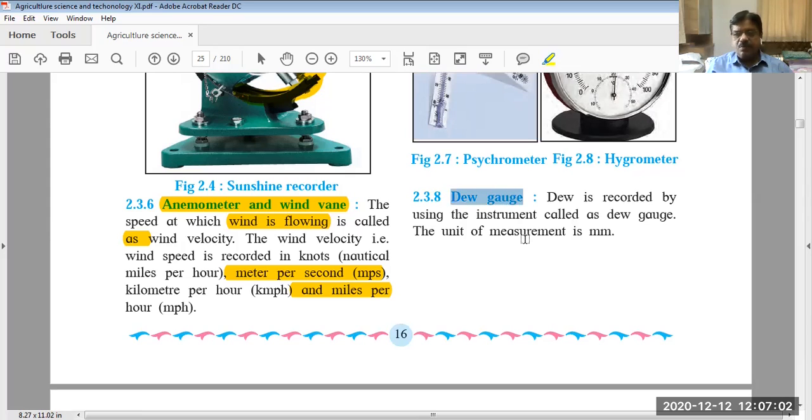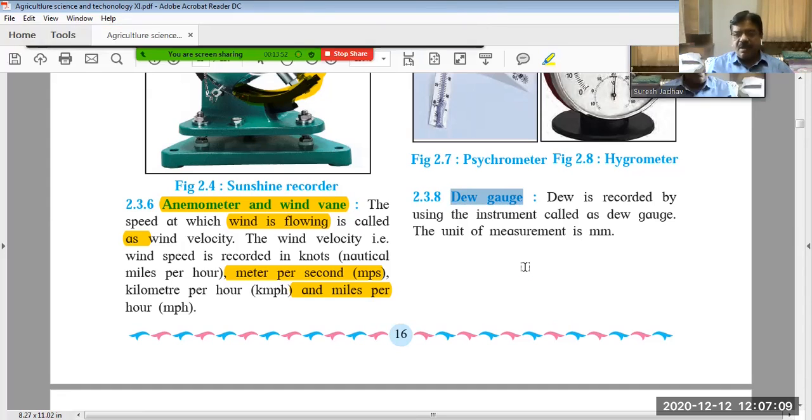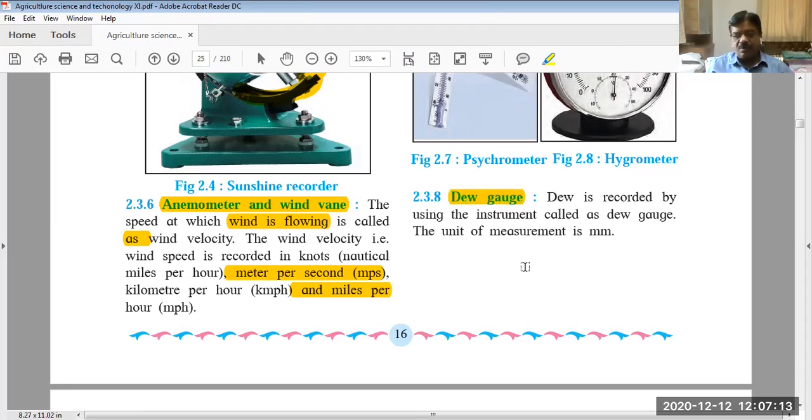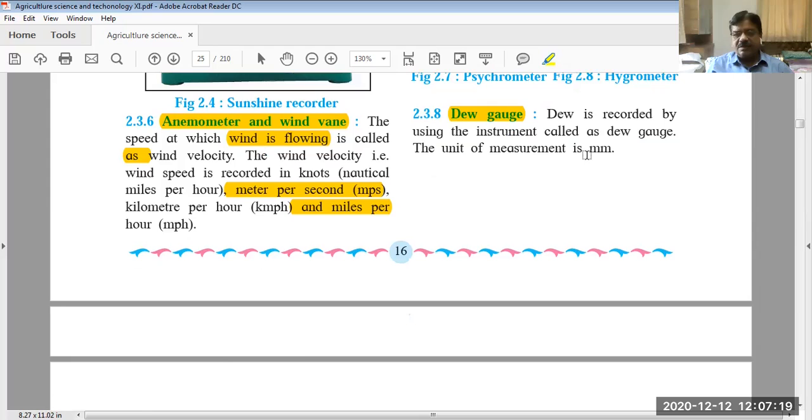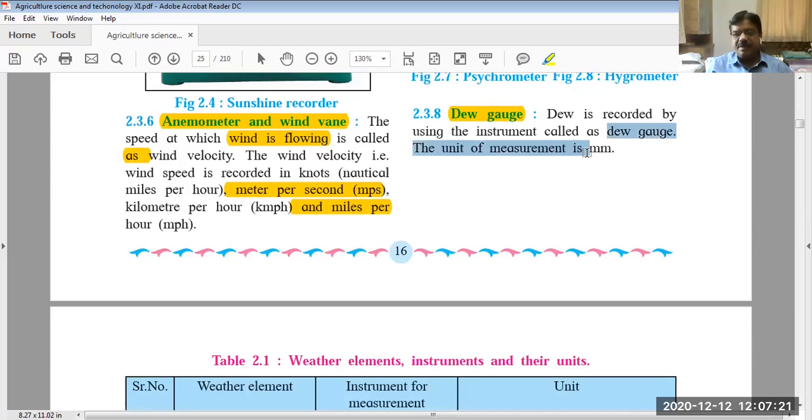Another instrument is the psychrometer. It is also called a hygrometer. There is a little difference. This is used for relative humidity, to measure the humidity in the atmosphere. Why is it called relative humidity? Because this humidity is measured in comparison with another factor.